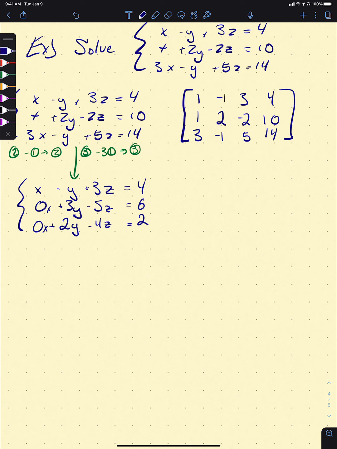So what happens if we want to do this over here? If we want to get this negative 1 to be a 0, we're going to do the same thing. We're going to take row 2, subtract row 1, and use that to redefine row 2. It's a little bit easier here, at least to me, because there's less junk in the way of our coefficients.